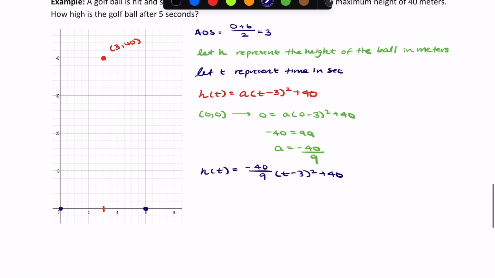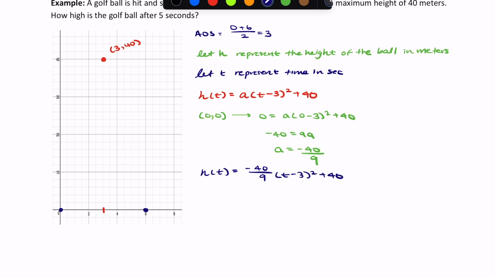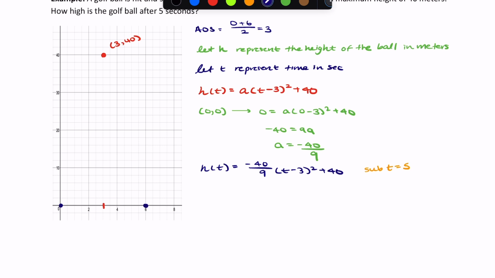And here we're trying to find, again, how high the golf ball is after 5 seconds. So here what we want to do is sub t is equal to 5. Here we'll get h of 5 is equal to negative 40 over 9 (5 minus 3) squared plus 40.